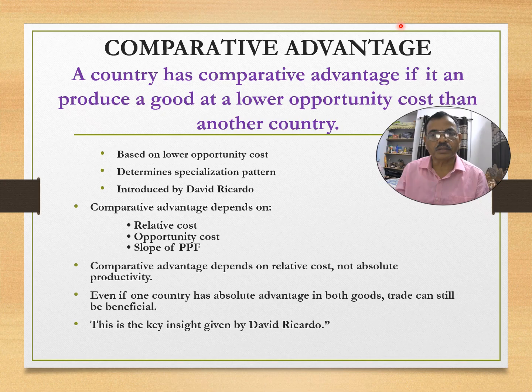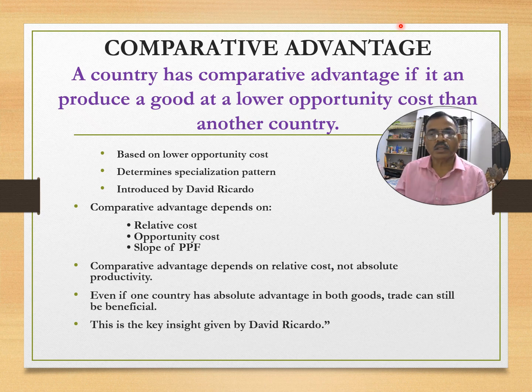That is the difference. Absolute advantage compares productivity. Comparative advantage compares opportunity cost. This idea was introduced by David Ricardo in the early 19th century and remains one of the most fundamental principles in economics.